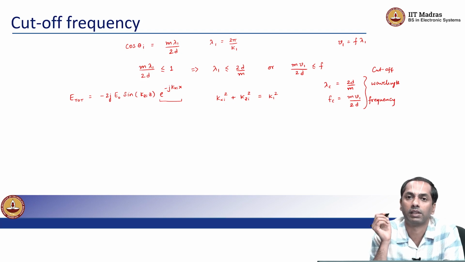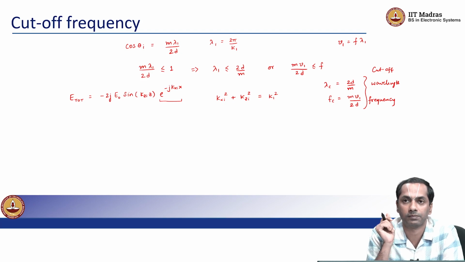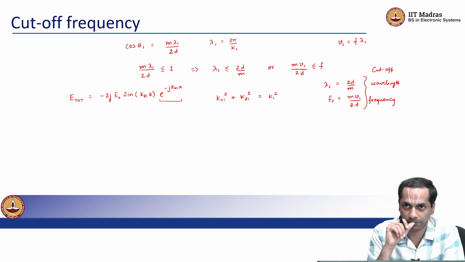So it restricts long wavelengths, right. So extremely long wavelengths are not supported for propagation within the parallel plate waveguide, which in terms of frequency refers to saying that very low frequencies are not supported, right, and the delineation between low and high is the cutoff frequency.